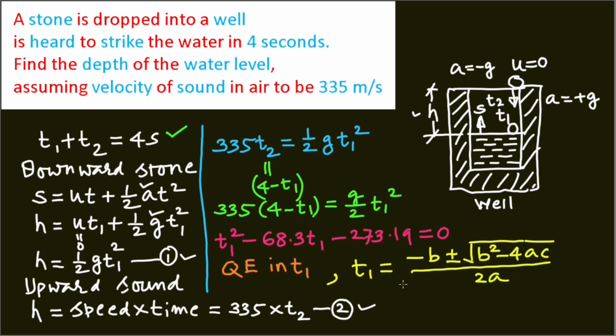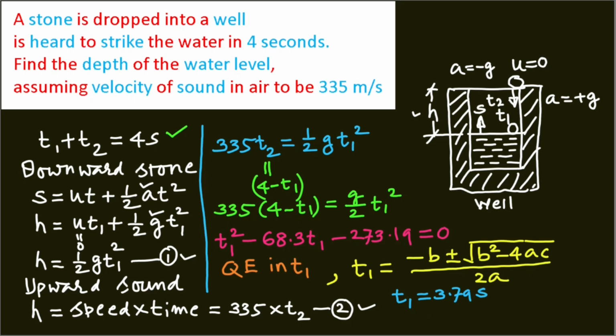By solving this quadratic equation we will get t1 equals 3.79 seconds, which is the time required by the stone to travel distance h and to strike the water.